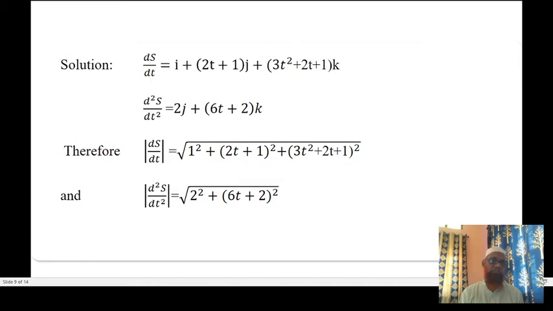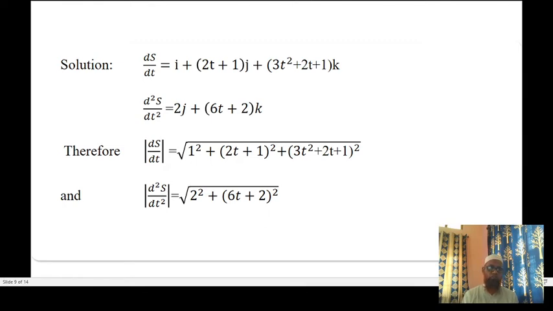So differentiate ds by dt with respect to t, we get the second derivative, d square s by dt square equals: differentiation of i with respect to t is 0 because the coefficient of i is constant. So 2t gives 2j, 1 gives 0, plus differentiation of 3t square is 6t, plus 2, into k.